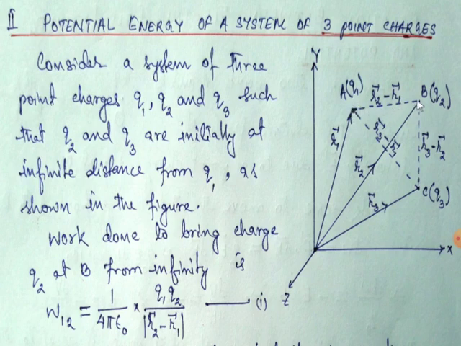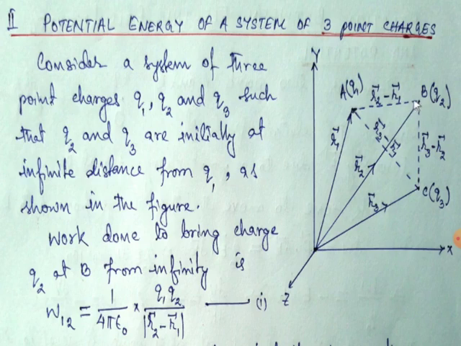But when you bring this q2 from infinity up to this position, then this point is under the influence of this q1. That means an electric field will surely be there due to q1, and so electric potential due to q1 at this point will be there.